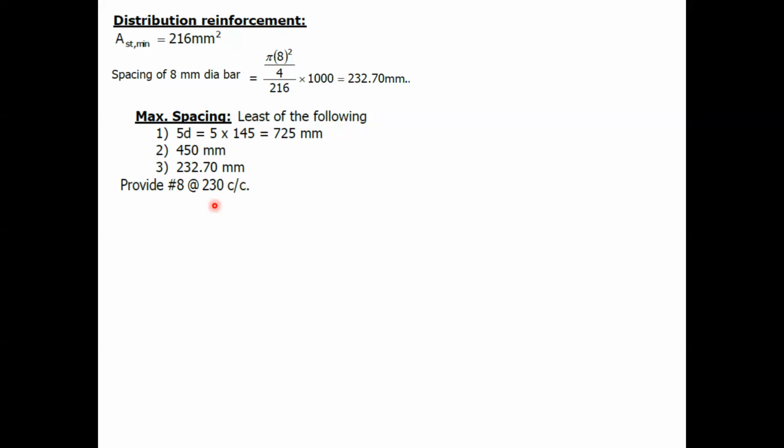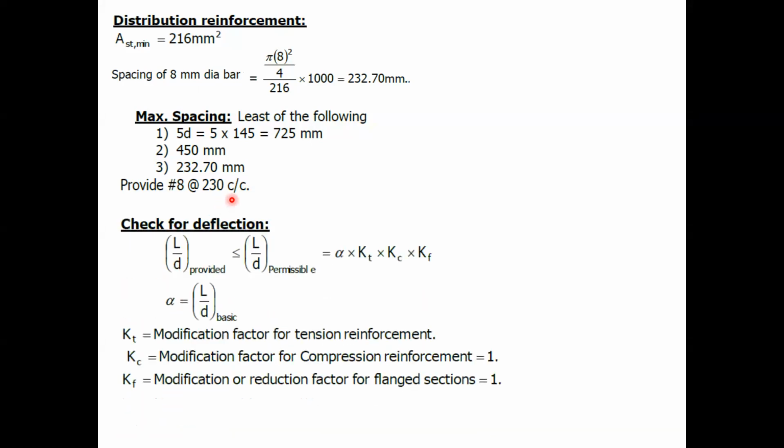Yes, sir. Okay. Next, take down, check for deflection. The condition is L by D provided is less than or equal to L by D permissible, which is equal to alpha into KT into KC into KF. So how much is alpha here according to the codal provision?